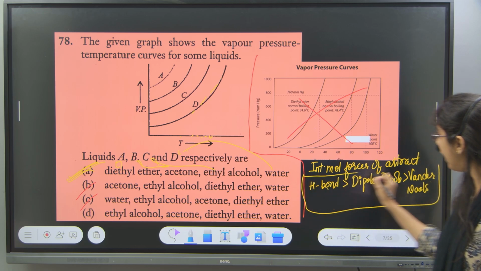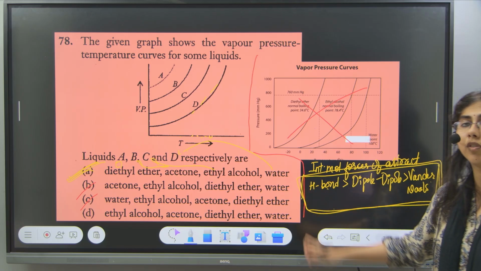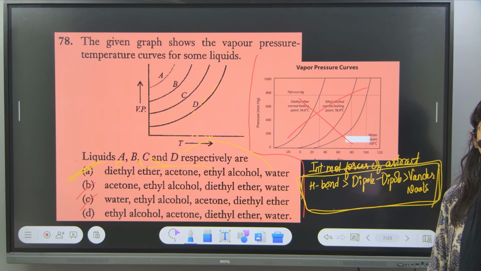So everybody, you have to remember this. Very, very important for both inorganic and organic chemistry. Whenever we discuss organic chemistry, the intermolecular forces of attraction become very important.